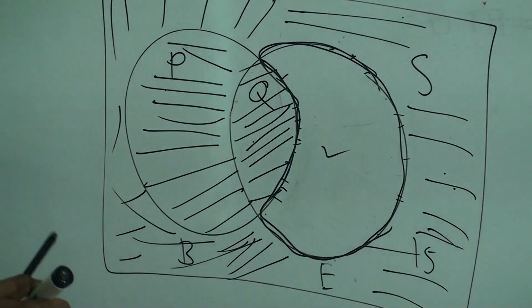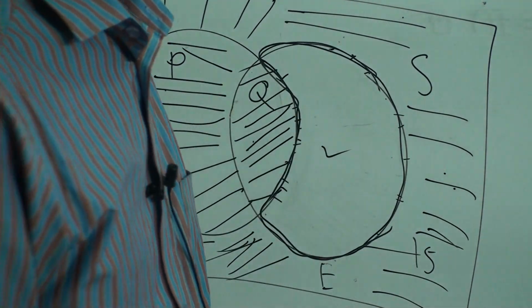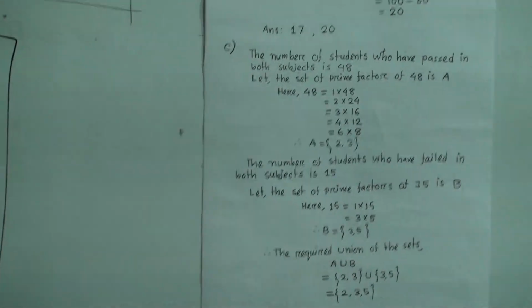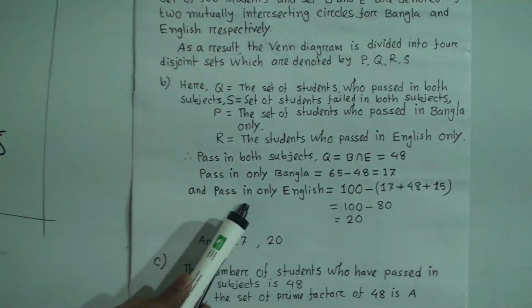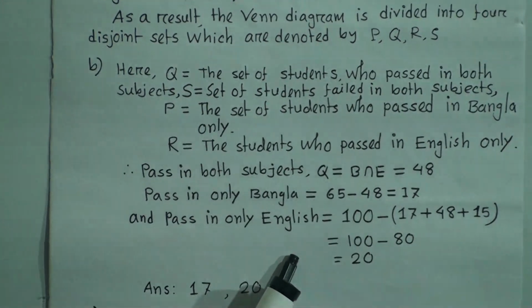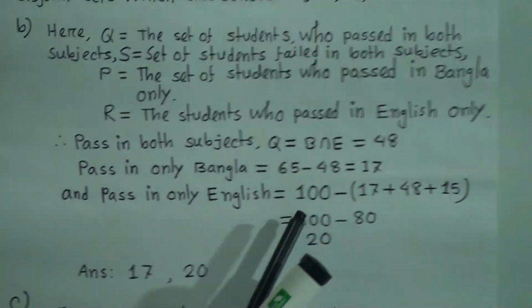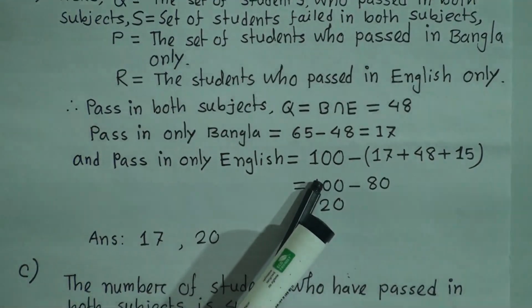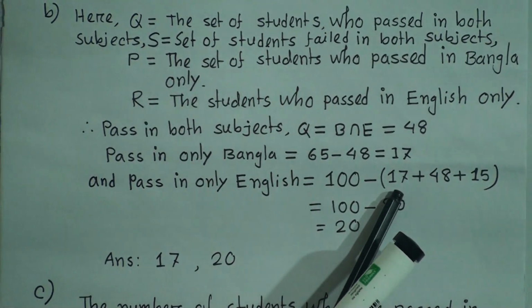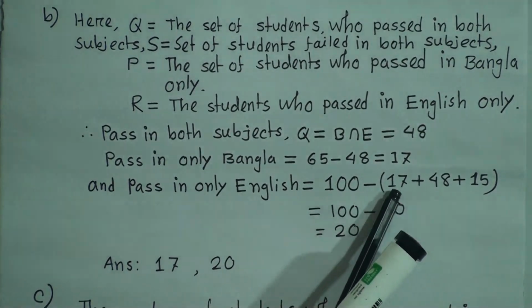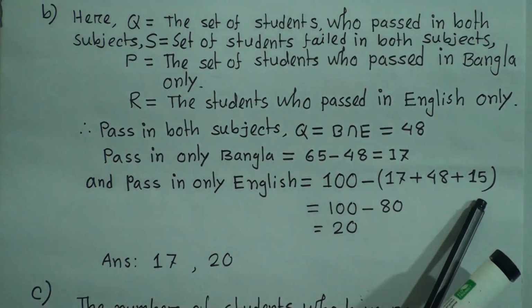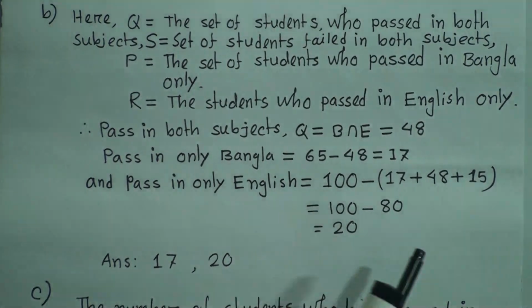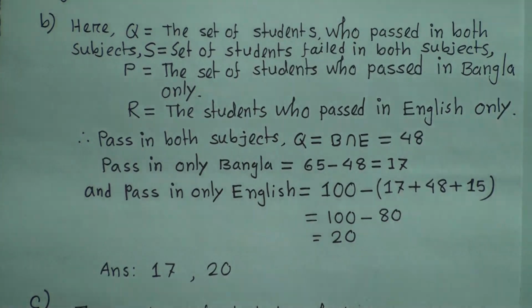Okay students, please look at the point. Now I have written pass in only English. That means what? Total students 100, minus 17 only in Bangla, subtract, then 48 is common, then 15 cancel, because 15 students failed.